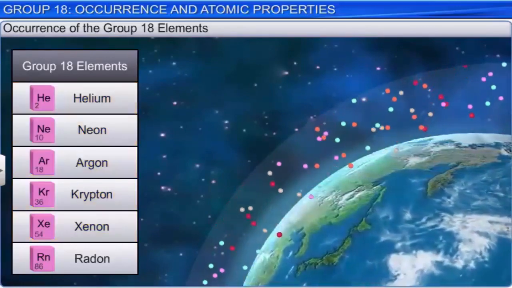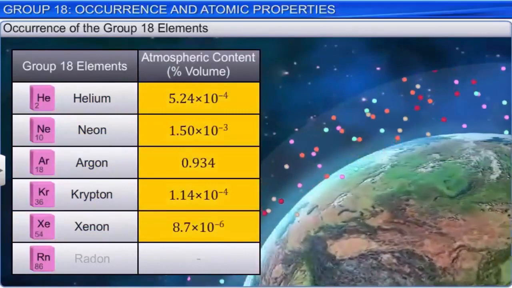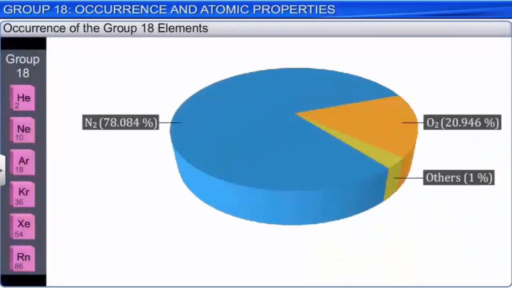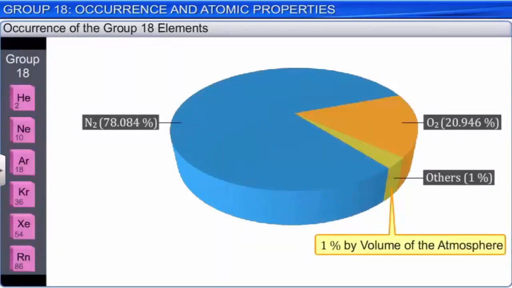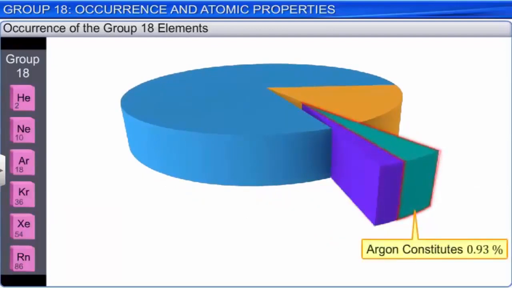Note the percentage abundance of these elements listed here in the table. These gases make up approximately 1% by volume of the atmosphere, in which argon alone constitutes 0.93%.